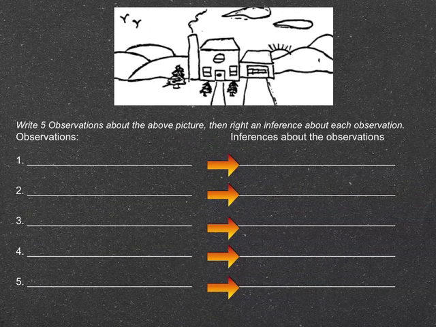We have a beautiful drawing here. Based on this drawing, I would like you to write down five observations on the left, and on the right, give me an inference that you might make based on that observation. So on the left, an observation, on the right, an inference about that observation.